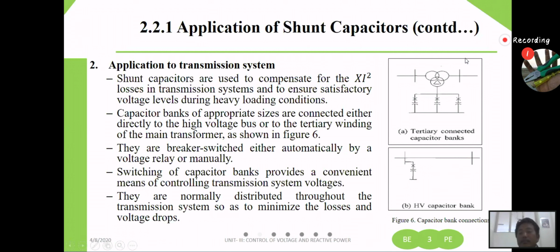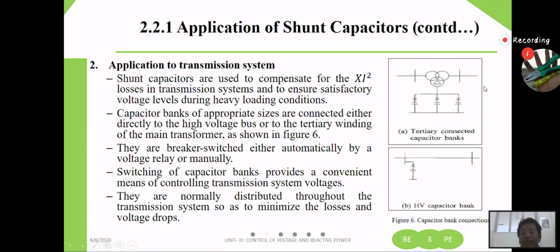That happens when there is voltage drop in the transmission line, which takes place when there are I square X losses in the transmission system. So in the transmission system we use it basically to compensate for losses in the transmission line, so that the voltage level remains at the acceptable limit even under heavy loading conditions.